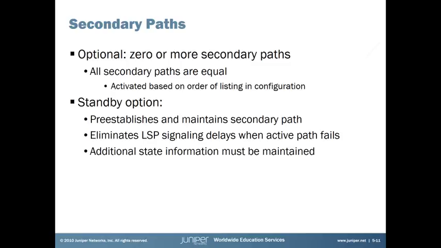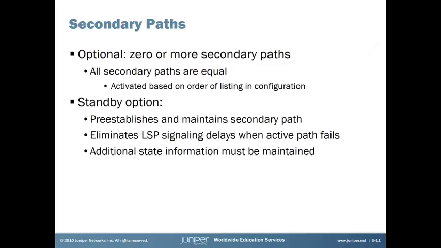So in other words, we have our primary path active, that is signaled. That's where our traffic is going. But on top of that, we've also got another path which we've already signaled, which is already up, which is already active. And it's just sitting there waiting for the possibility of the primary path failing. And then if the primary path fails, then we'll fail over to the secondary path.